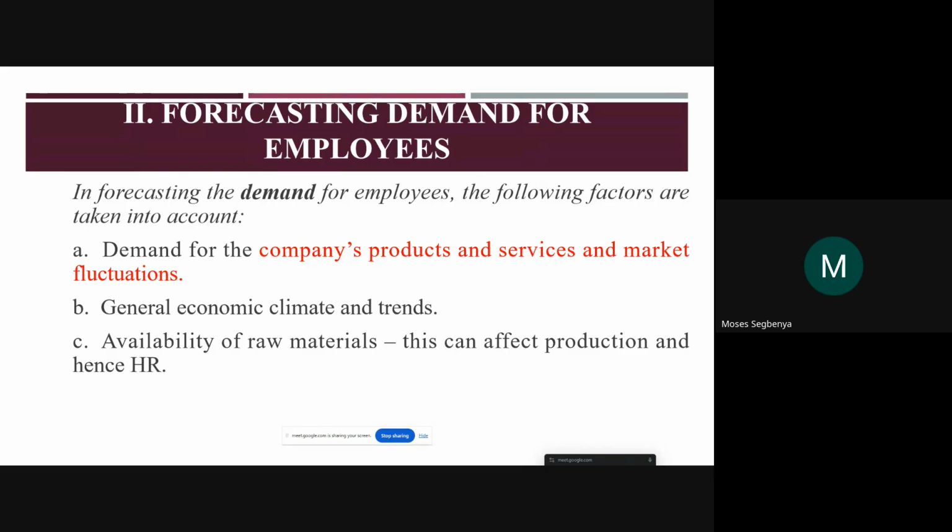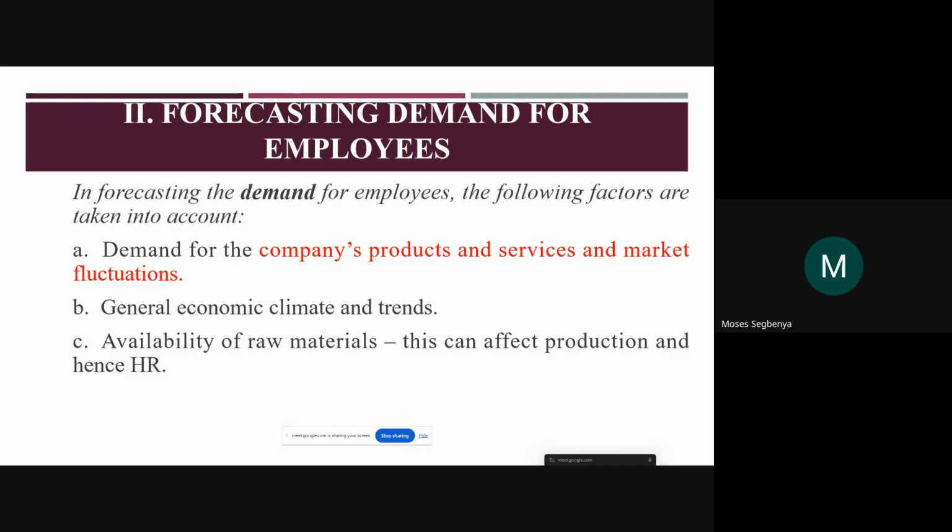So you have your core people and you have people who patronize other services of your school, not necessarily as a student of your school. So you must be able to determine the demand for your product and your services, and the times when there are fluctuations, high or low.